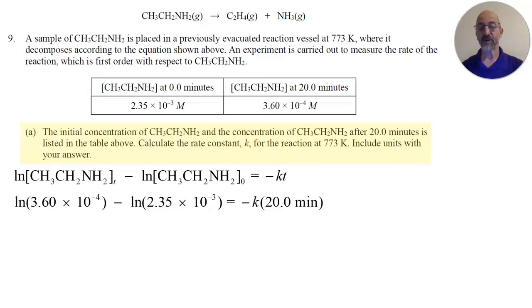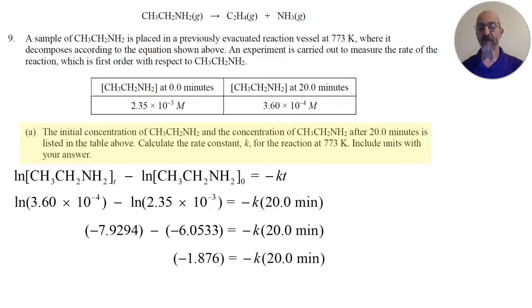So now all I have to do is do the math and solve for k. So I'm going to go ahead and show you my work. So this is what the numbers I got after I took the natural log of those two concentration values. And then I did some more math. And eventually what I got down to was 1.876 equals the rate constant k times 20 minutes.